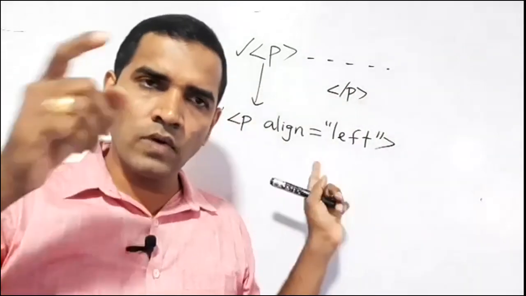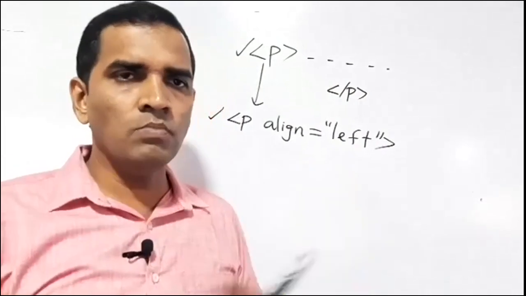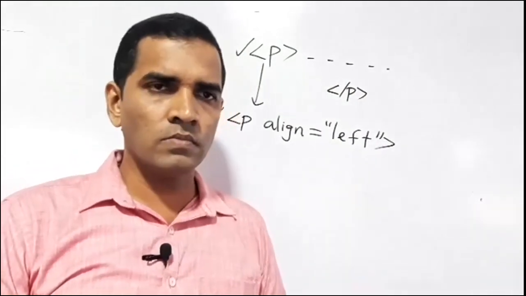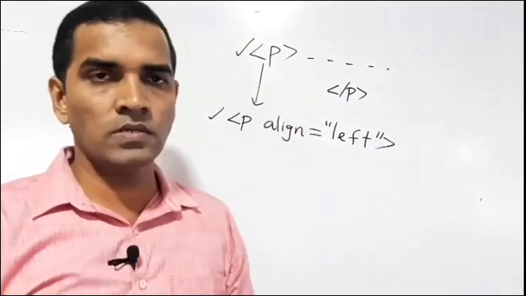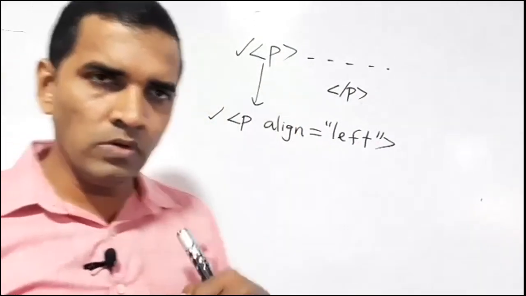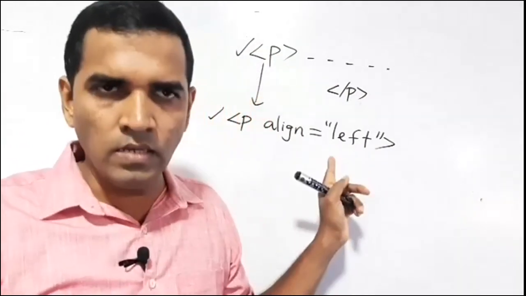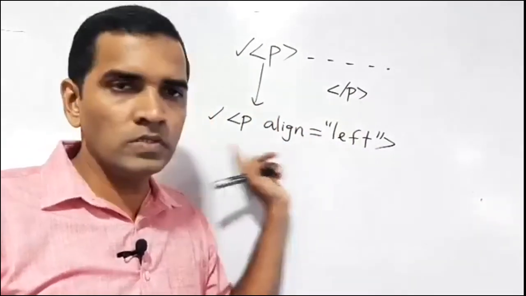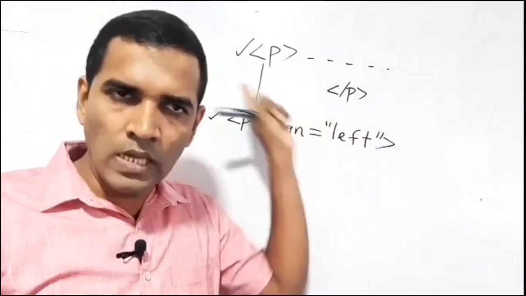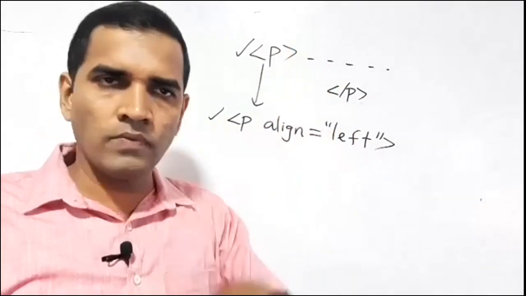The reason it has been set as the default is that everyone likes to use left alignment. Clear? But if you want to change the alignment, you have to use P align. For left alignment, this is not needed, because P alone means P align left.